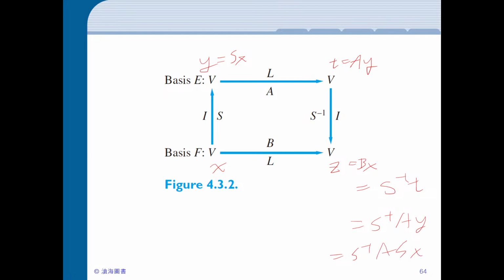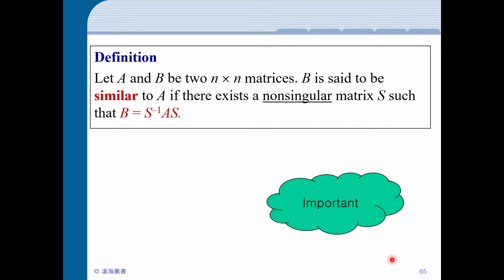Okay, and x is everything. So in particular, x can be every basis element. So if these two are the same for every x, then B should equal S minus 1 A S. Okay, and anyway, this is what we are talking about in this section.